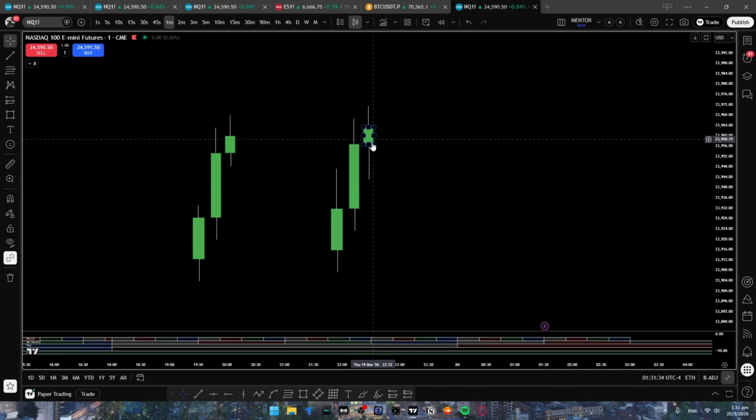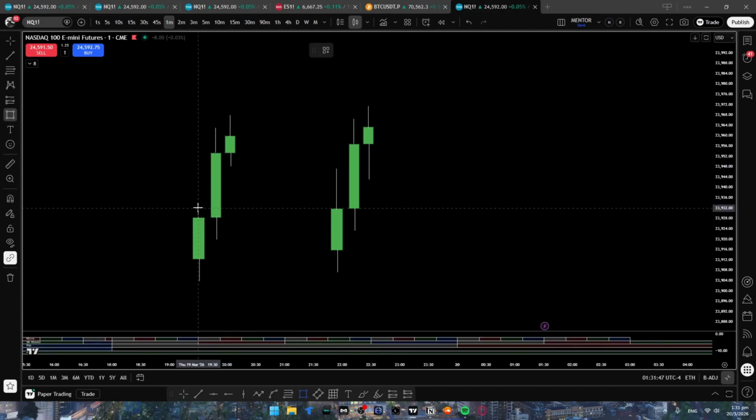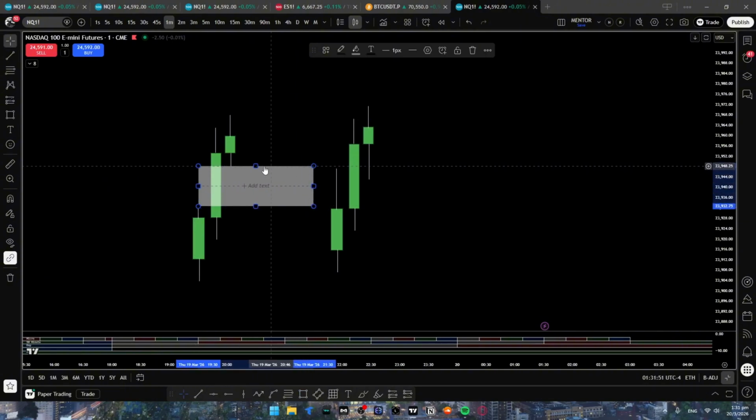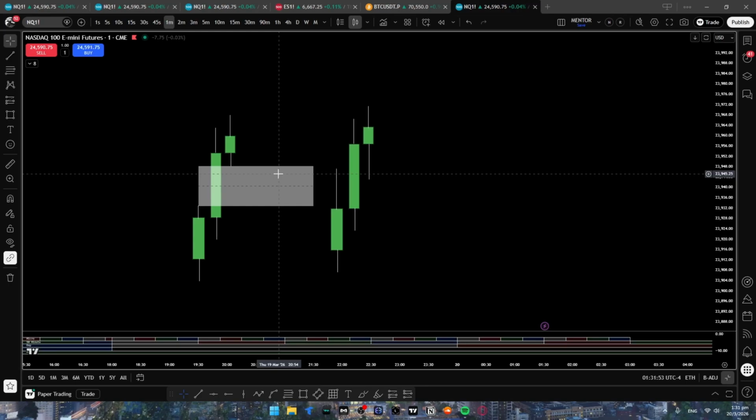Number 2, we have the wicks covering the bodies. Number 1, the wicks don't cover the bodies. And so what will happen is you will draw a gap, a box, literally just like the volume imbalance we just drew, except it's without wicks. And that's what you call a fair value gap.